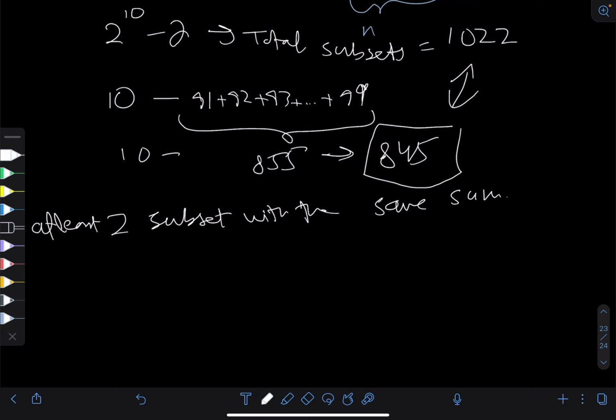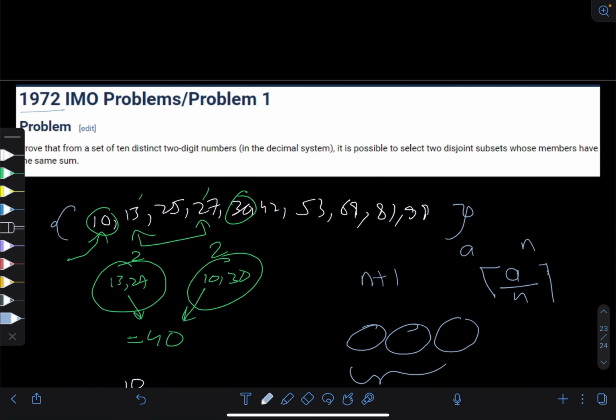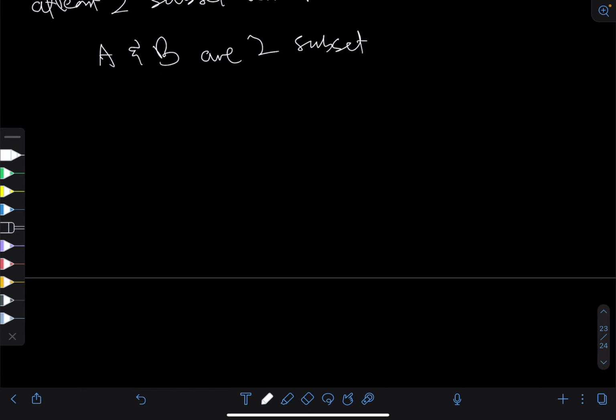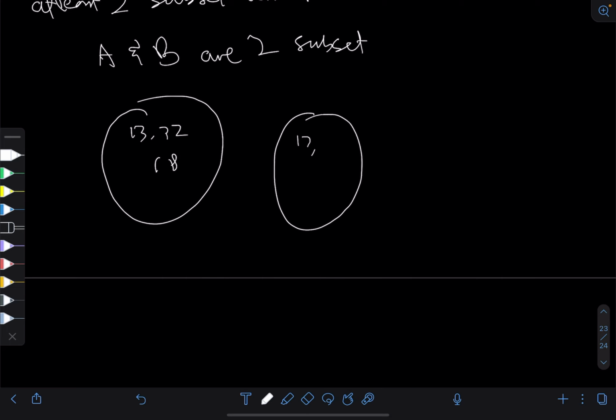But we're actually not done here, because let's say A and B are the two subsets. The problem is that A and B can have something in common. In other words, they may not be disjoint. Let's say A turns out, I'm just picking at random, to be 13, 12, 18, and B turns out to be 13, 15, 38.